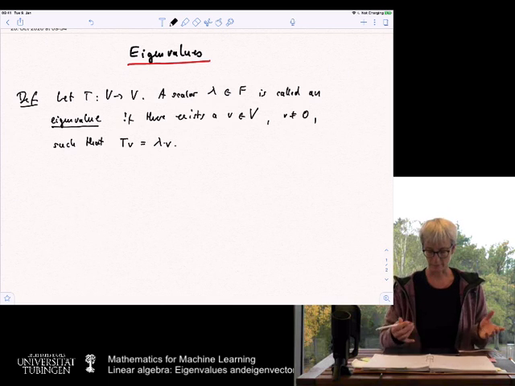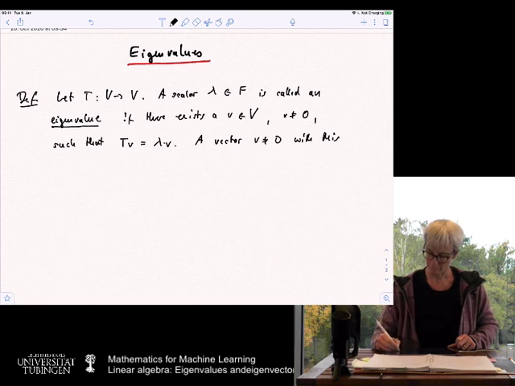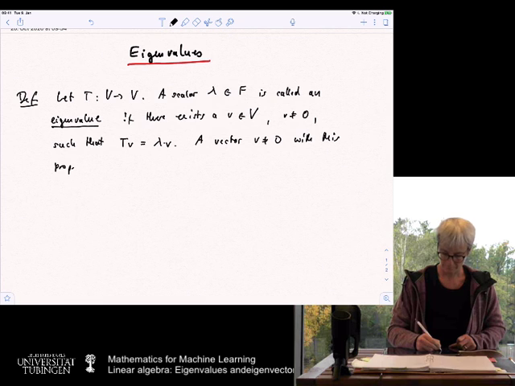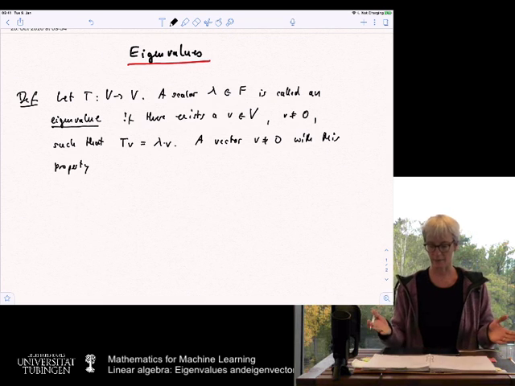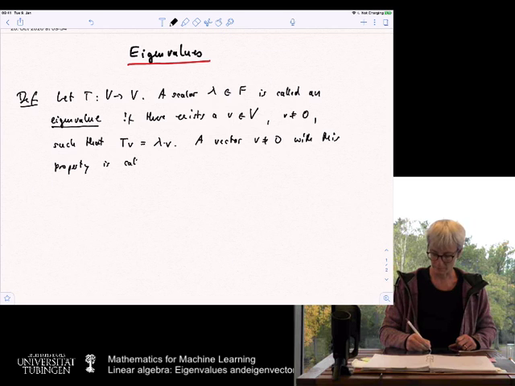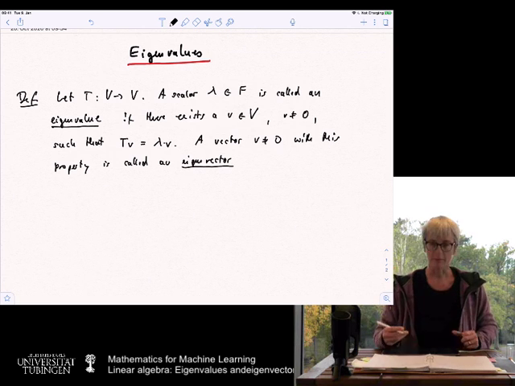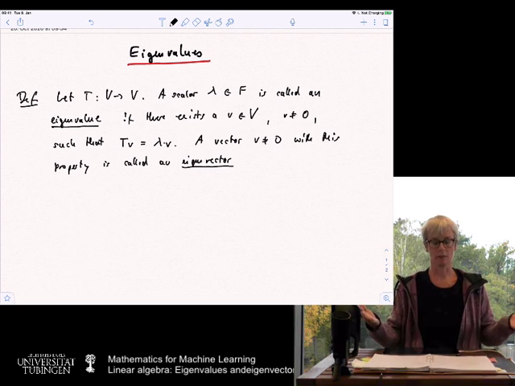So I write down that it's called the eigenvector. So a vector V with the property that T times V is the same as lambda times V is called an eigenvector corresponding to eigenvalue lambda.